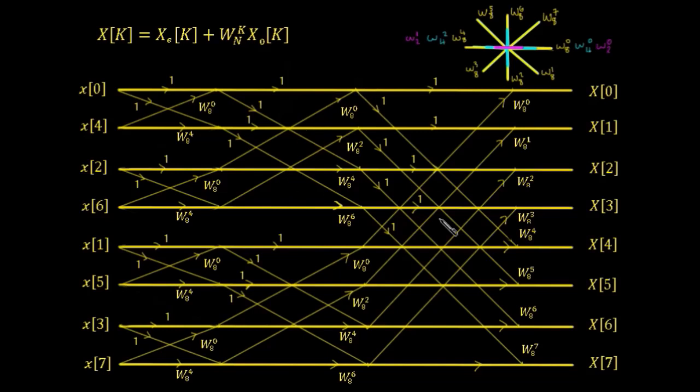So let's extend our butterfly diagram. We started off with 2 4-bit DFTs, and then we're going to extend that to 4 2-bit DFTs. On the left hand side we have our time, on the right hand side we have our frequency, and you can see that these are arranged in 0, 4, 2, 6, 1, 5 and 3, 7.